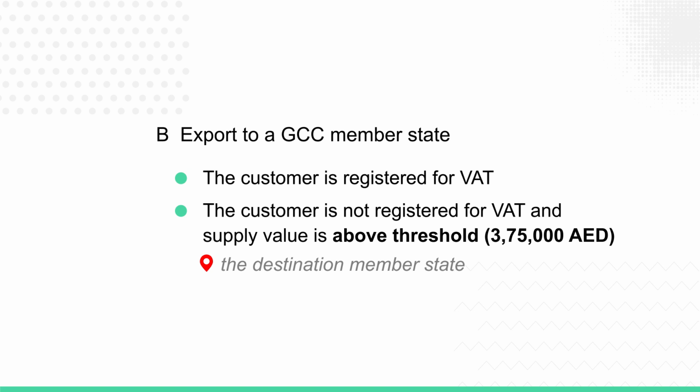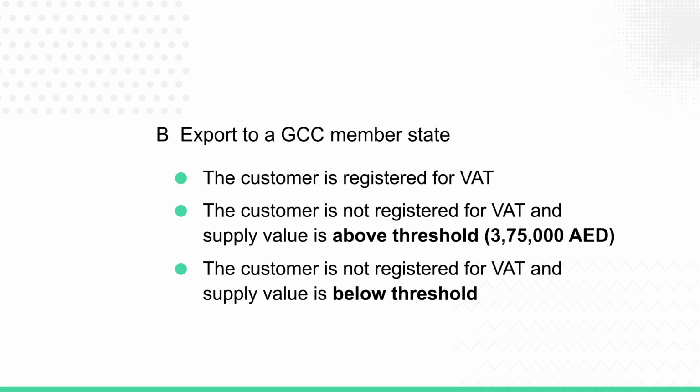The last case is that the customer is not registered for VAT and the supply value is below the threshold. In this case, UAE will be the place of supply.